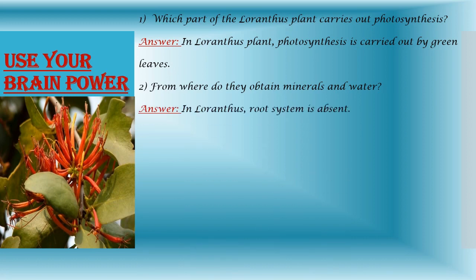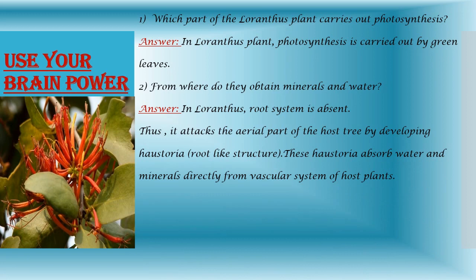Yes, in loranthus, root system is absent. Thus, it attacks the aerial part of the host tree by developing haustoria, that is root-like structures. These haustoria absorb water and minerals directly from the vascular system of the host plants.